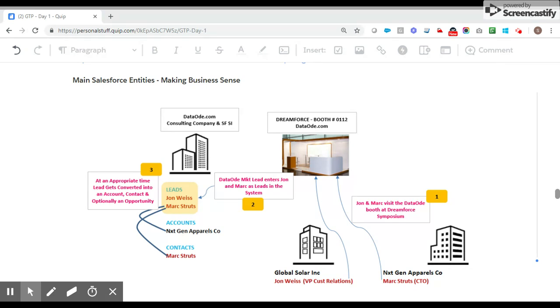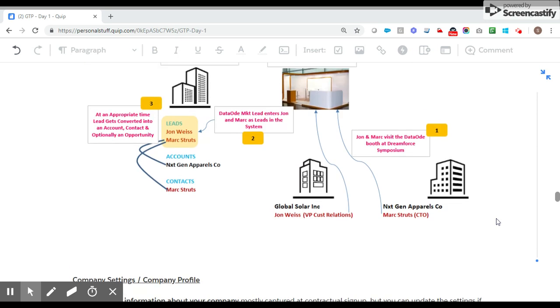In this discussion, let us take a few of the critical Salesforce entities for a spin. We will look at a simple scenario. We have three actors. One is Datao.com, a consulting company and Salesforce system integrator.